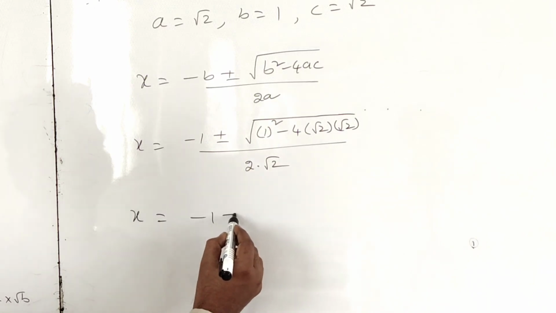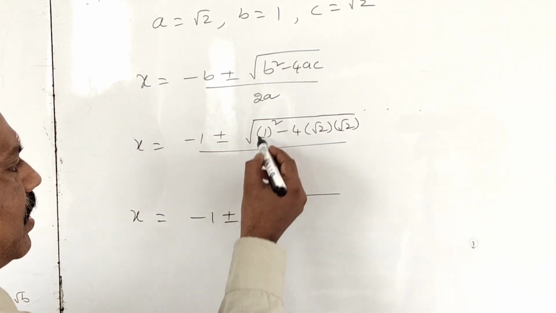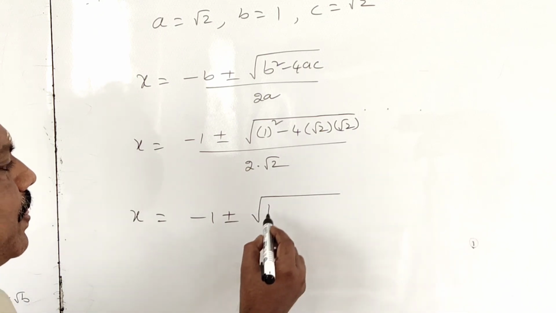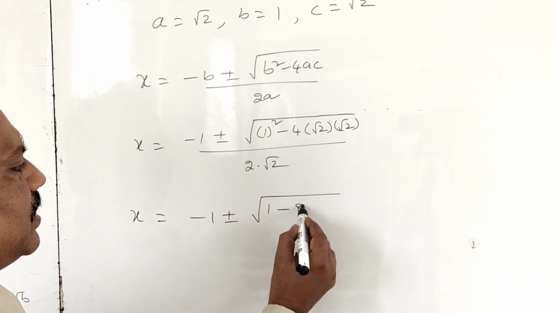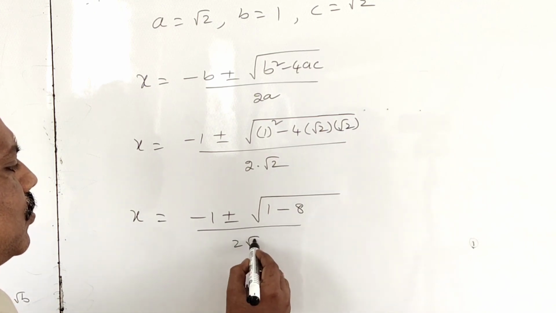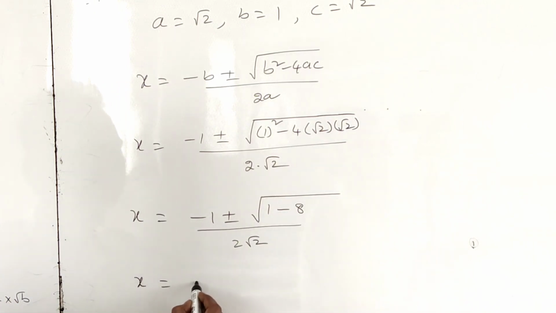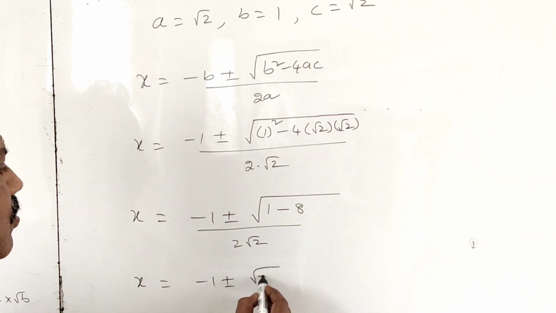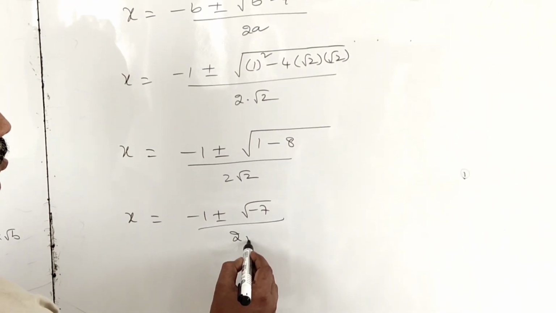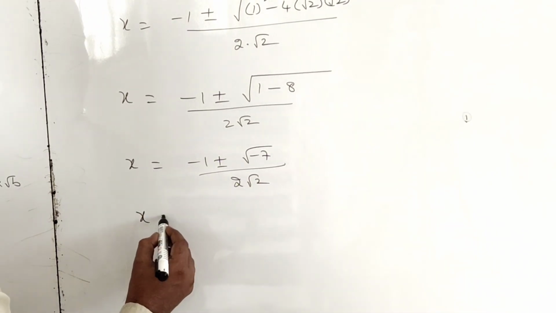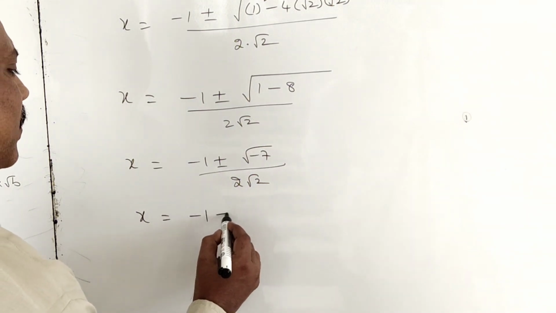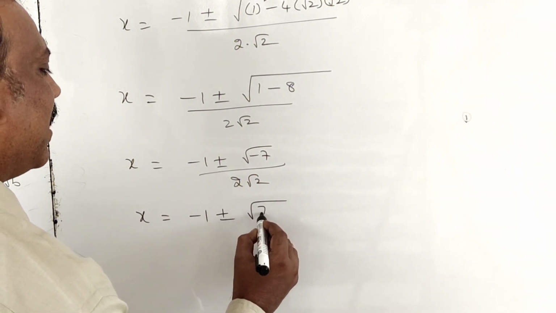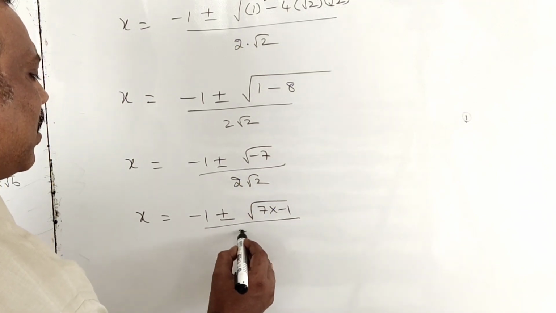x is equal to minus 1 plus or minus under root 1 whole square is 1, minus root 2 into root 2 is 2, 2 into 4 is 8, upon 2 root 2. So x is equal to minus 1 plus or minus root of minus 7 upon 2 root 2. It is also not a real root because under the square root we have a negative real number, so we should convert into complex numbers: root of 7 into minus 1 upon 2 root 2.